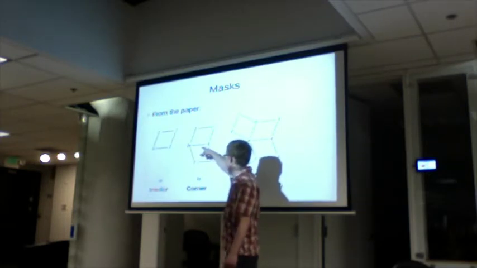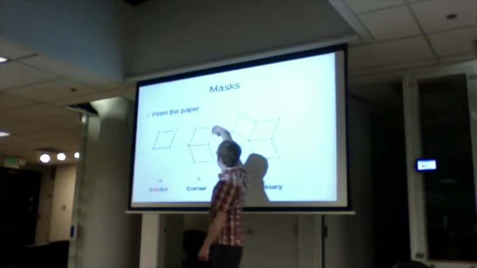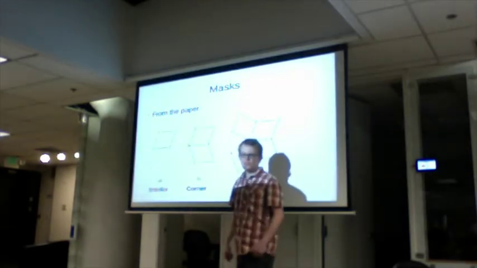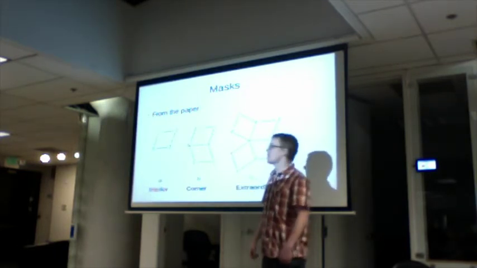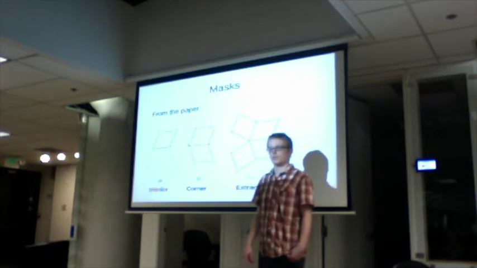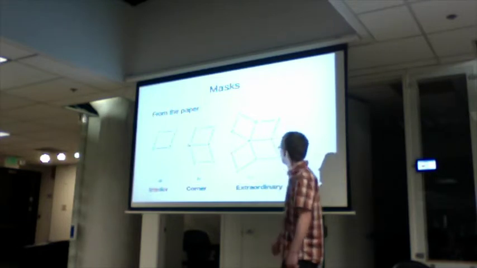This is an edge mask. You have your little edge point, and you look around the surrounding vertices, and you weight them. All of these weights are normalized, so you're not actually multiplying them by 4. That's just used in the paper instead of having floating point decimals. And extraordinary vertices are the same thing.